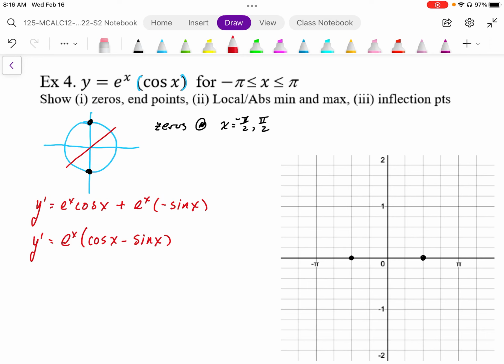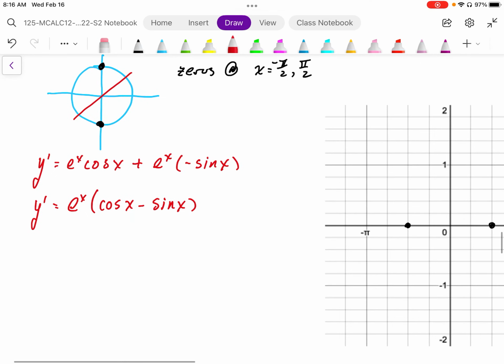Now, solving this equation is a little bit tricky because we have a cos and a sine, but really we're trying to find out where cos x is equal to sine x when the derivative is equal to 0. Solving this, I can rearrange the expression by dividing both sides by cos x, and I end up with sine x over cos x equals 1.